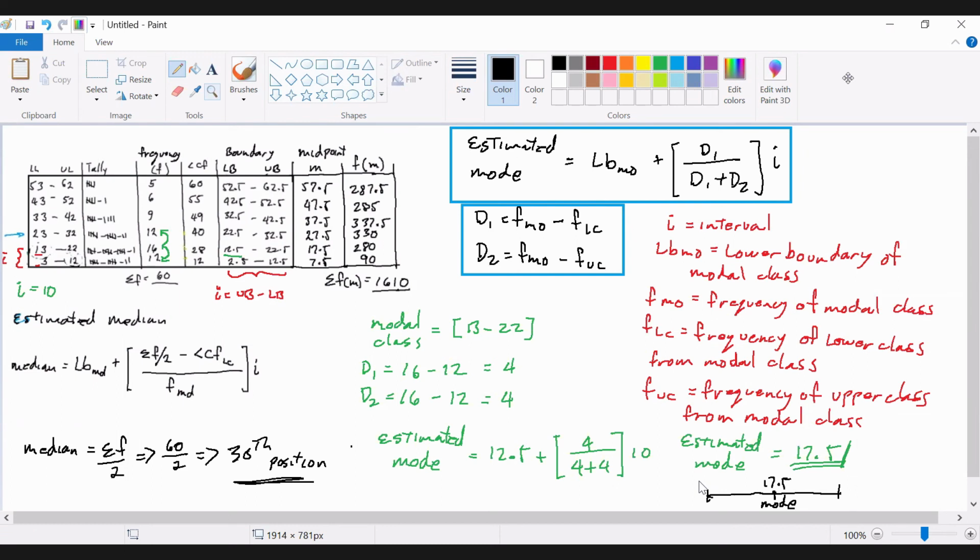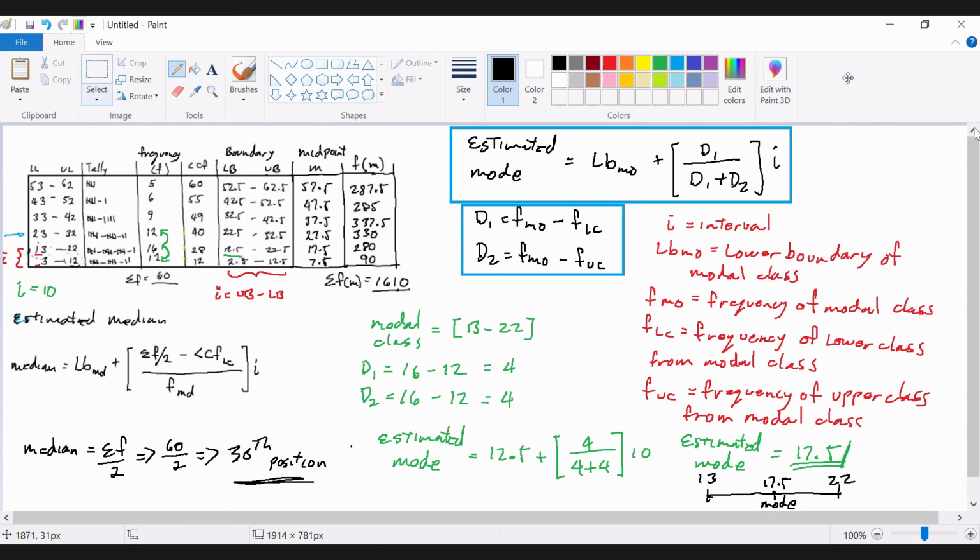This is the lower boundary, 12.5, and this is going to be 22.5. And you can use the I or you can use the other one, no problem. Or okay, let's just use, what did we use last time? It's this one, right? LLUL. So it's 13 and 22.